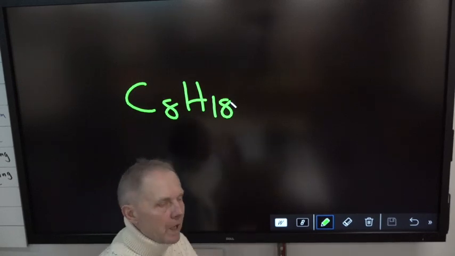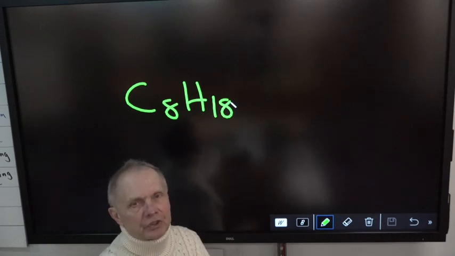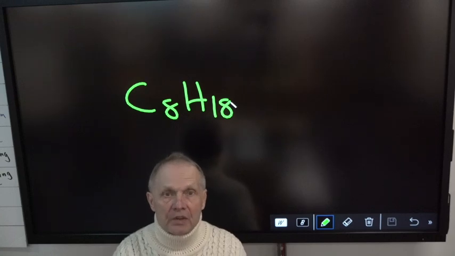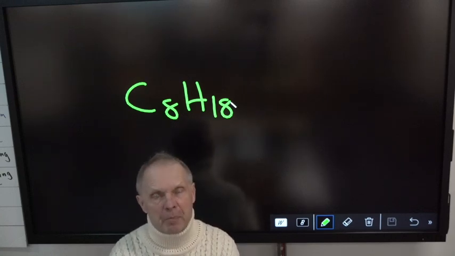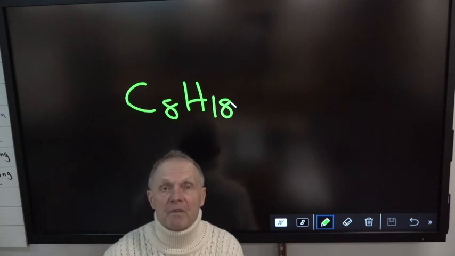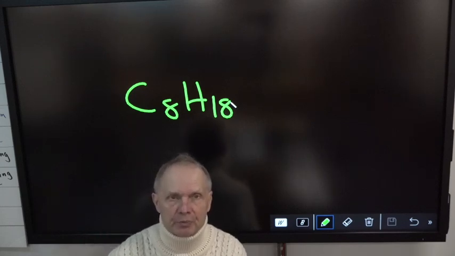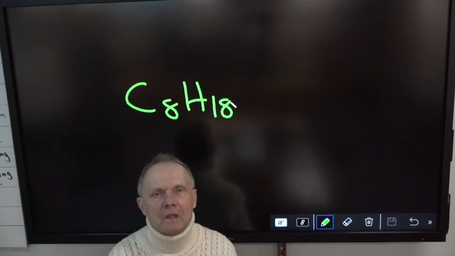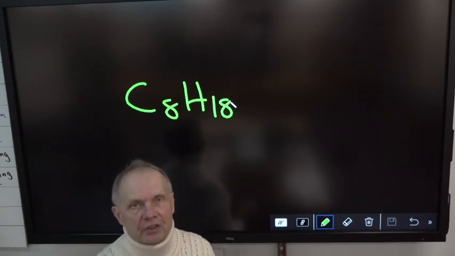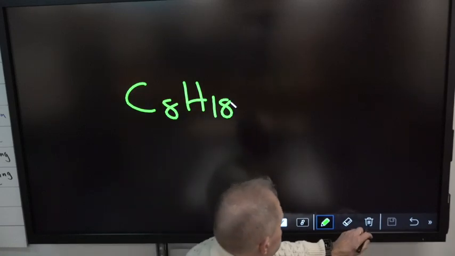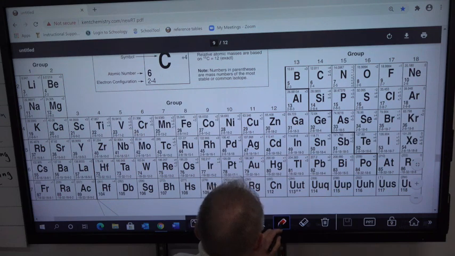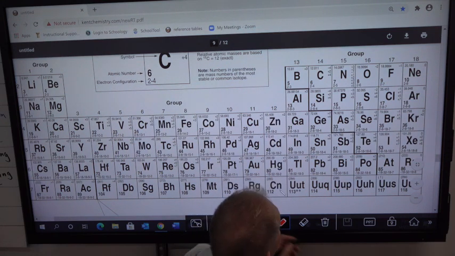Now, a great example of van der Waals forces is going down any group. Going down any group, the size of the atoms get bigger, they're getting closer together, so going down any group, van der Waals forces increases. But there's a particular group that shows it perfectly, and it's group 17, and it's called the halogens. So, let's go back here. Now watch.